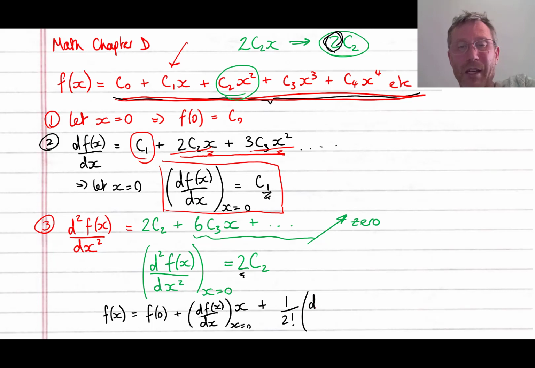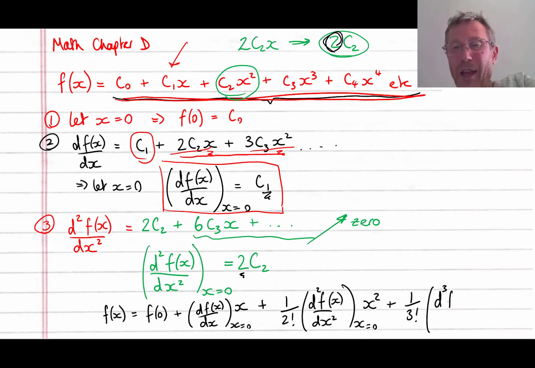So this ends up being d squared f of x by dx squared, again at x equal to 0, multiplied by x squared. And we keep going. 1 over 3 factorial we would get in here, and that would be d cubed f of x by dx cubed, at x equal to 0, multiplied by x cubed.